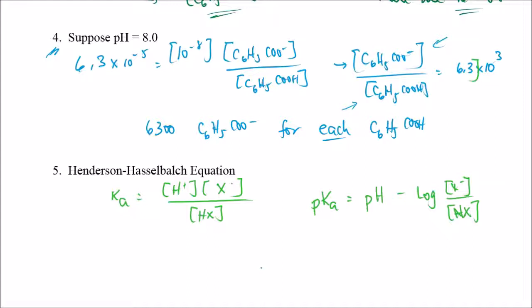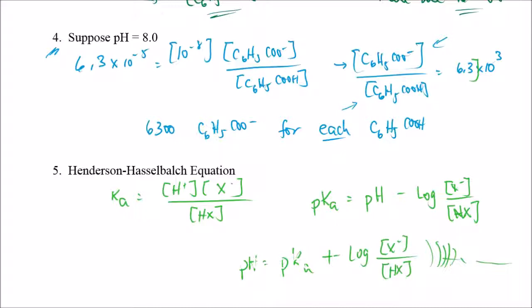And this can also be rearranged to say pH equals pKa plus the log of the ratio of the X minus to the HX. So you can see if it's a 10 to 1 ratio between these two, then the pH will be 1 unit different than the pKa. And so you can use this ratio sometimes to control the pH, or you can use the pH to control this ratio right here. That's the lesson.